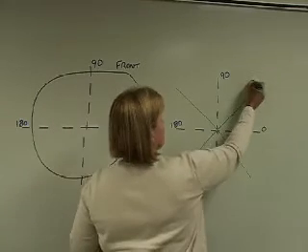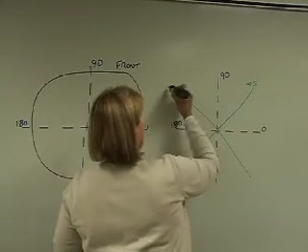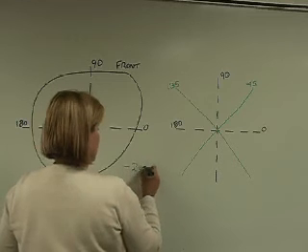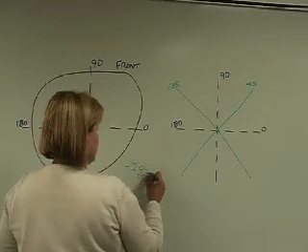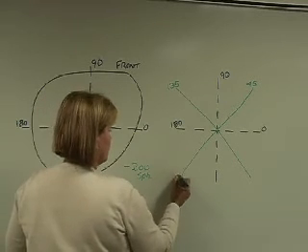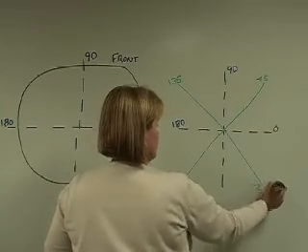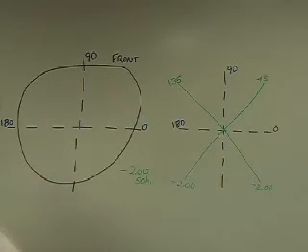Let's say this is 45 and this is 135, and we have a -2 spherical lens. Then we would label this -2 and this -2, because that lens has the same power in all meridians.